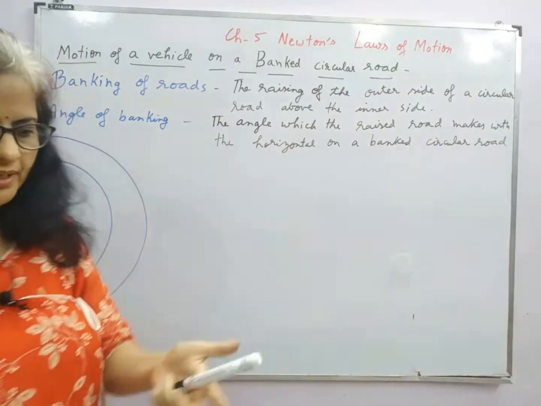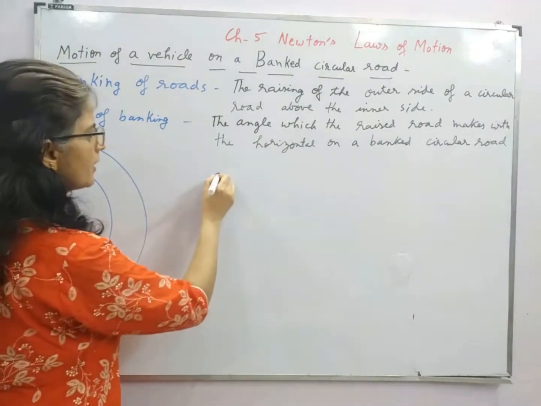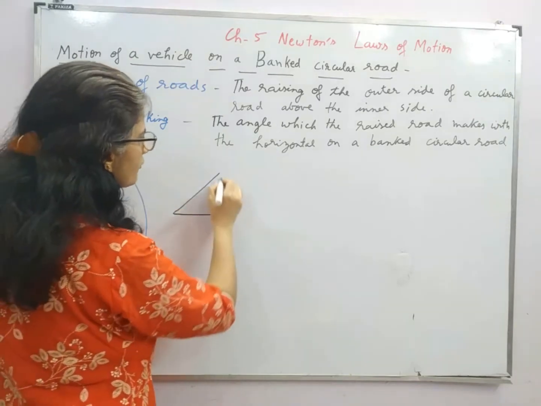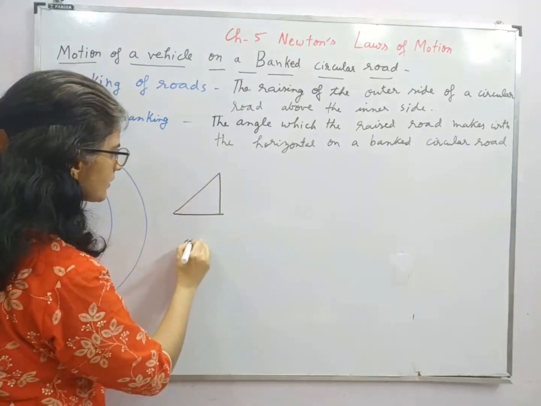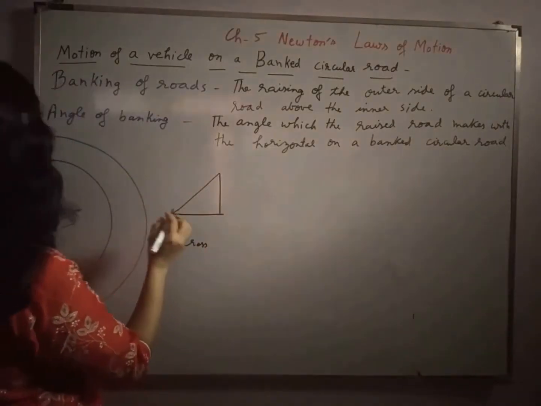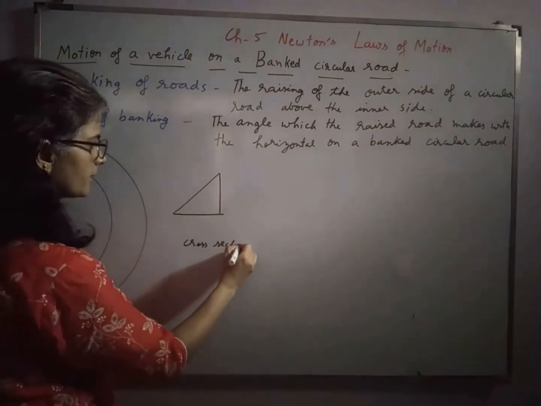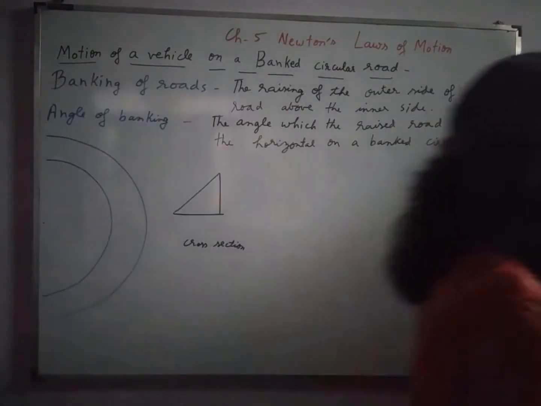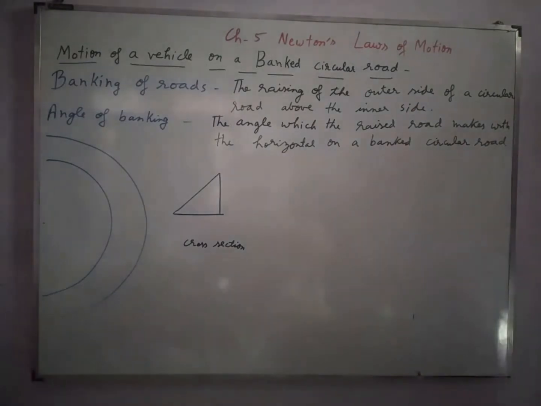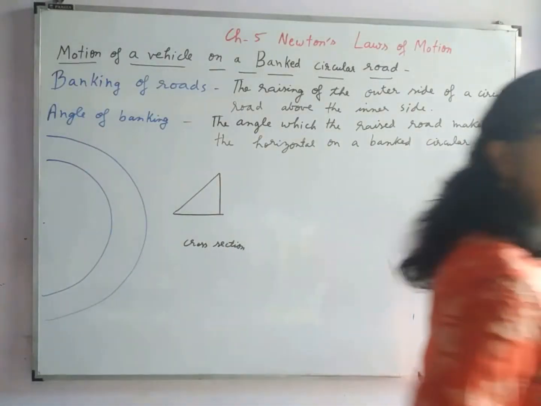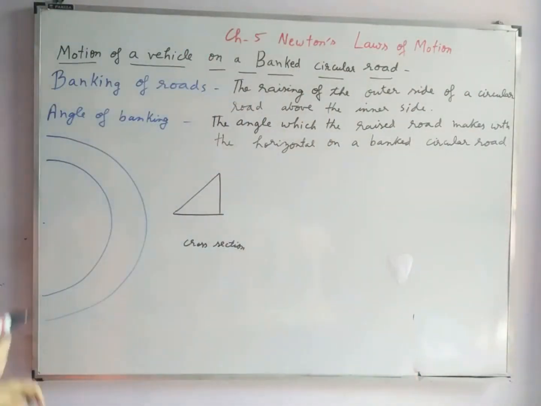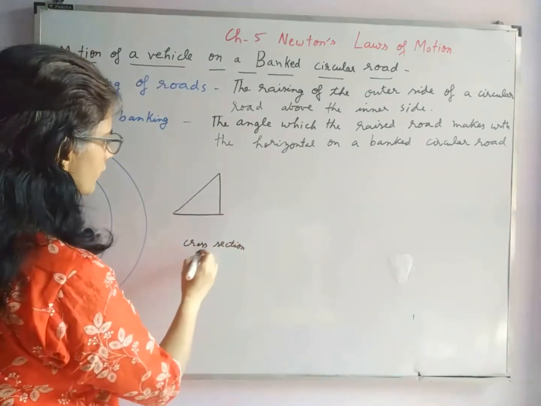So I'm drawing a separate diagram where I'll show the cross section of the road. This is the cross section of the road.